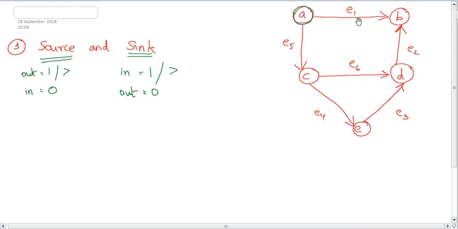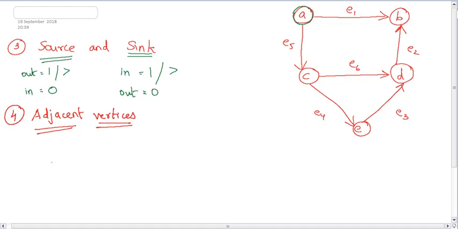A sink is where the in degree is 1 or more but out degree is 0. B is a good example for sink. There are 2 edges that sink into B and no edges leaving from B. So this is going to be called a sink. Therefore, B is a sink.